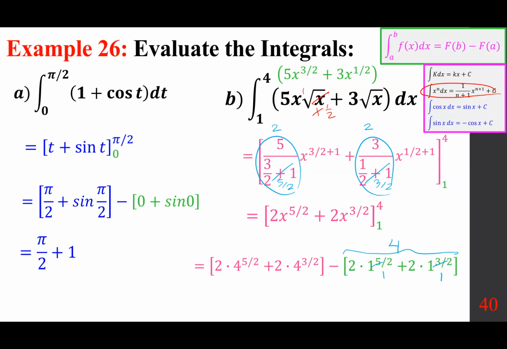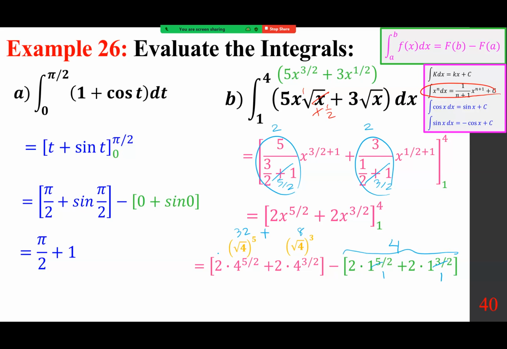I want to deal with 4 to the power of 5/2, which is square root of 4 to the power of 5. And square root of 4 is 2. 2 to the power of 5 is 32. Square root of 4 is 2. 2 cubed is 8.